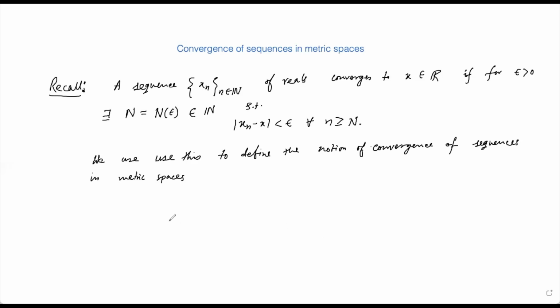Before going into the definition of convergence of a sequence in a metric space, we give some definitions, for example ball, bounded set, diameter, neighborhood, which are essential to study convergence of sequences in metric spaces. So let us give the definitions.